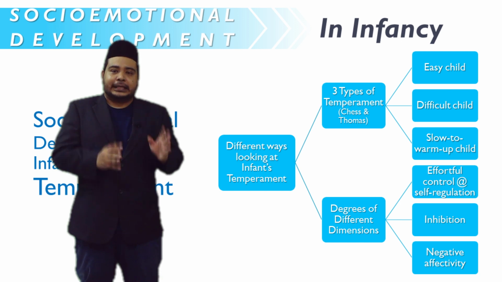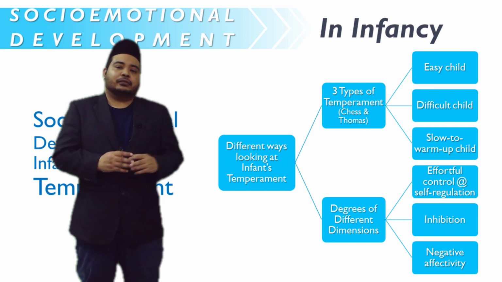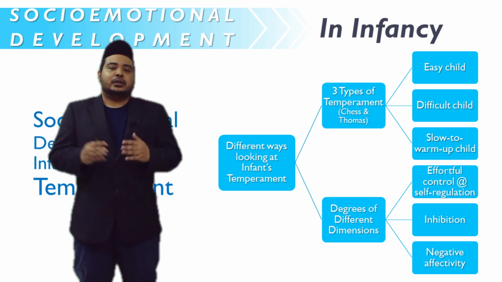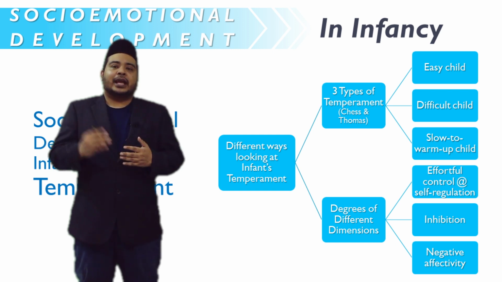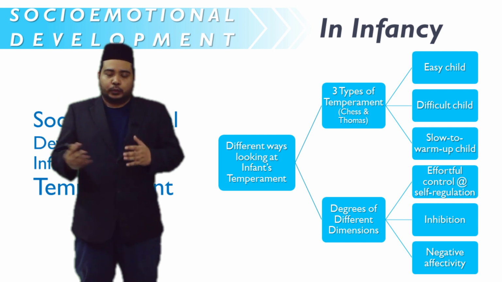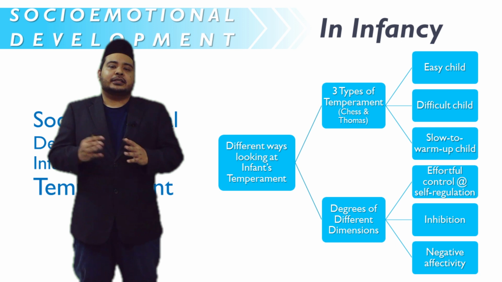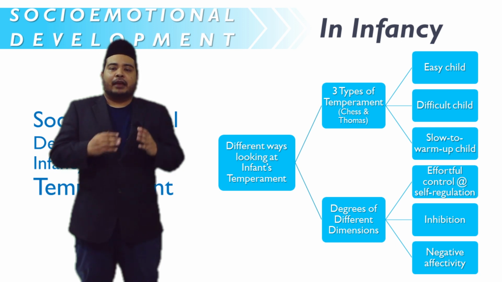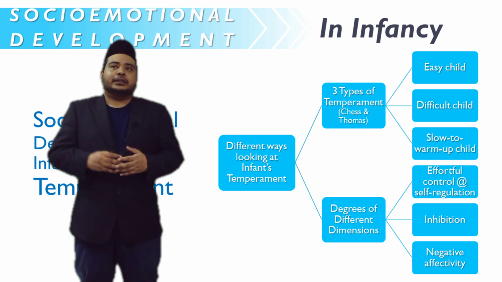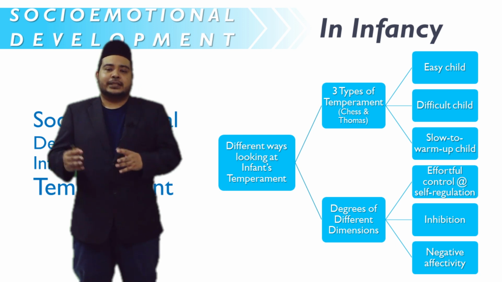Okay, besides these categorizations of types of temperament, other researchers look from different dimensions. In this perspective, they look at the degrees of each dimension, high or low. They look at effortful control, or some would call it the self-regulation dimension.